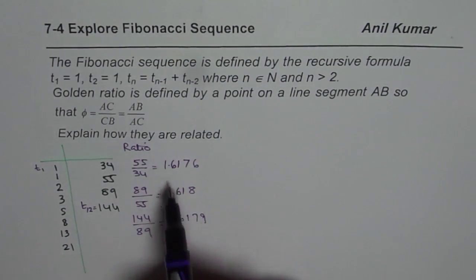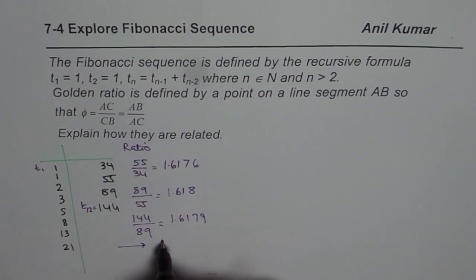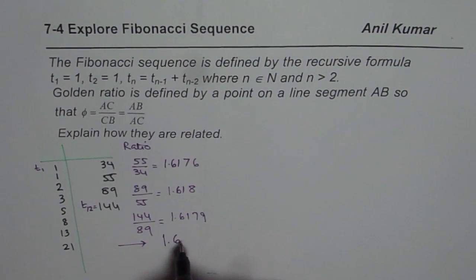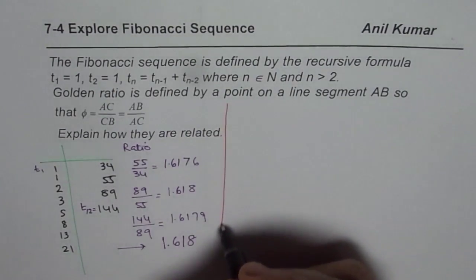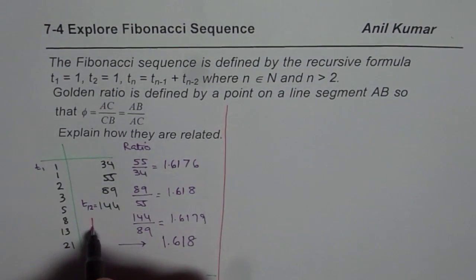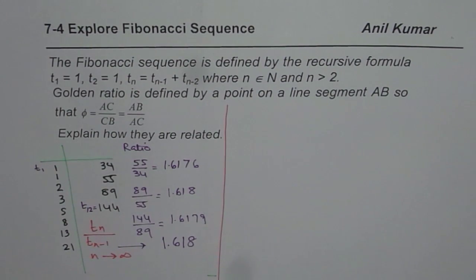You notice that this ratio approaches, if you round it to 3 decimal places, the number 1.618. Ratio of consecutive terms we're talking about, so this ratio is basically Tn divided by Tn minus 1, as n is approaching a large number, rounding to 3 decimal places. That is what you get.